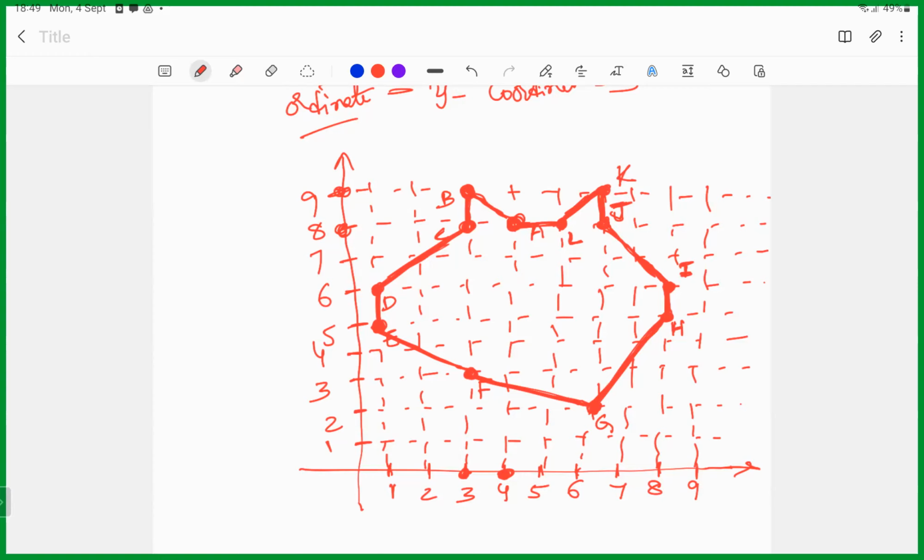So, and then now join the points 3.5, comma 7. So it will be somewhere like this.